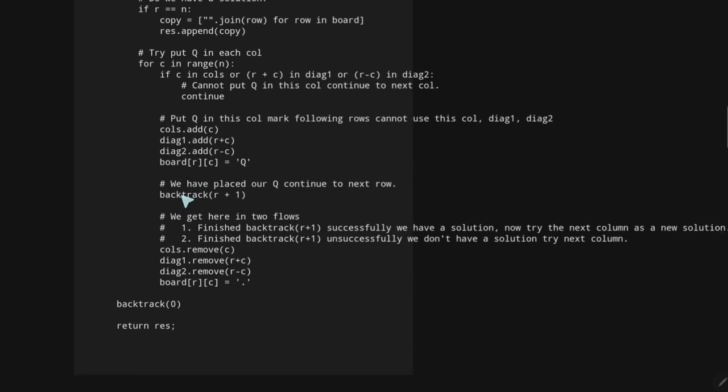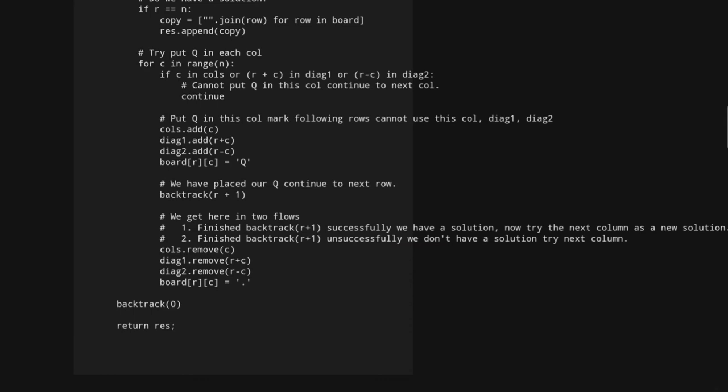Next, once we have placed the queen, we want to continue to the next row and try again to put a queen on the next row. We either finished placing the queen on the next row successfully or unsuccessfully. Unsuccessfully means we tried to put a queen, but we could not, so we exited this function, or we successfully placed the queen.